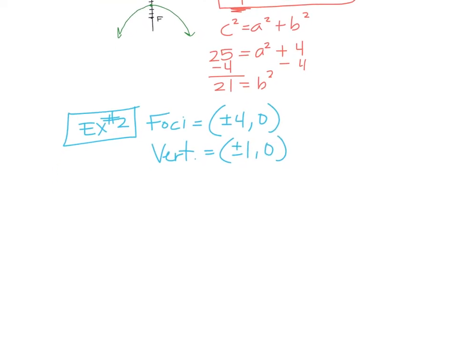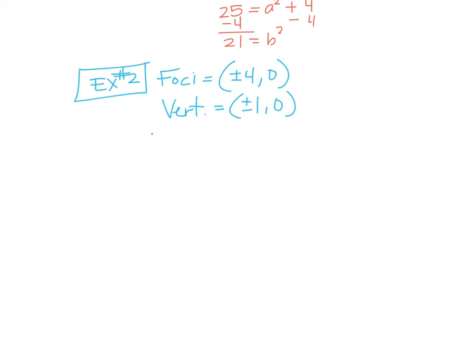Okay, so if we graph this, we have plus or minus 4, 1, 2, 3, 4, 1, 2, 3, 4. Notice these are on the x-axis now. So there's your foci, and then vertices at 1 and negative 1.